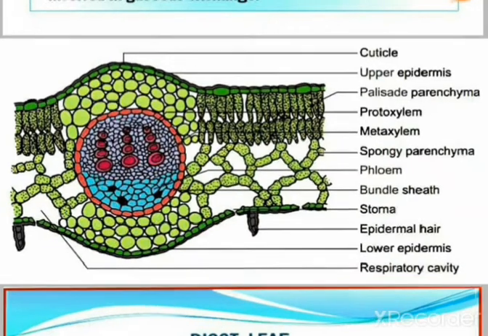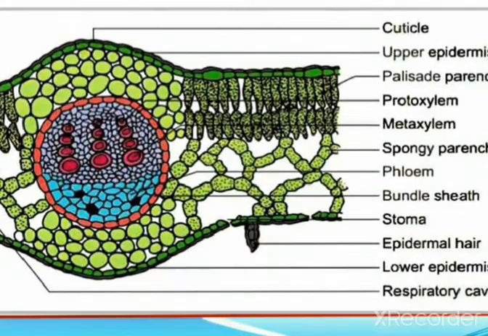Let us see the picture. Now we differentiate the palisade and spongy parenchyma. Palisade parenchyma is found below the upper epidermis, but spongy parenchyma is found above the lower epidermis.